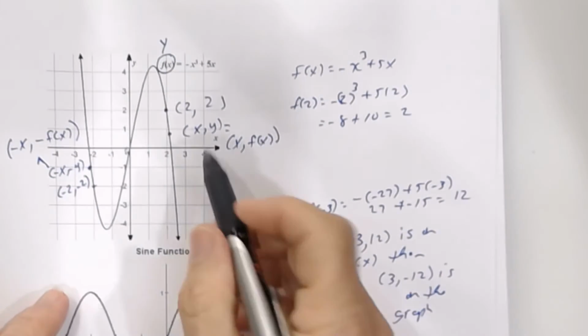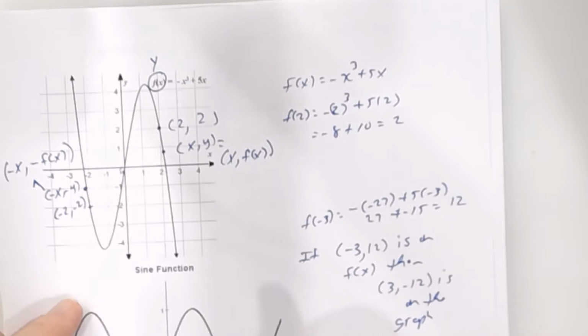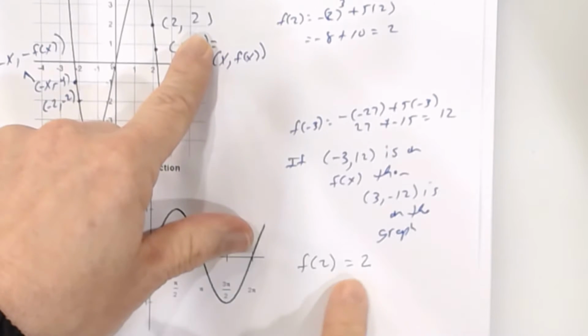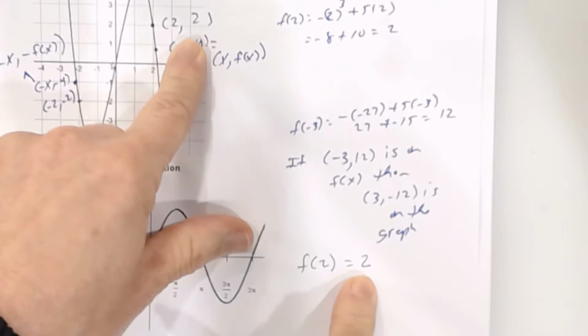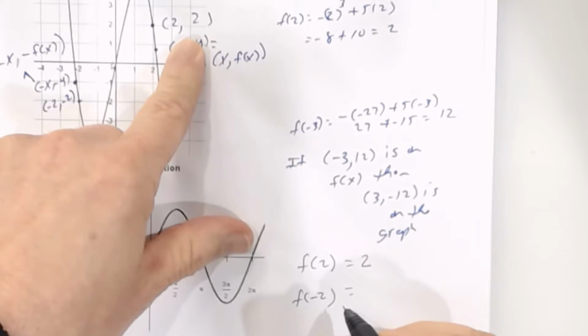So if I find f of 2 for this odd function here, it was equal to what? 2. Y'all agree? f of 2 is equal to 2. If I found f of negative 2, it was equal to what?